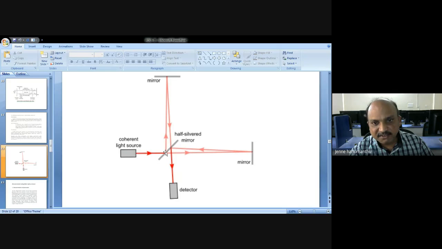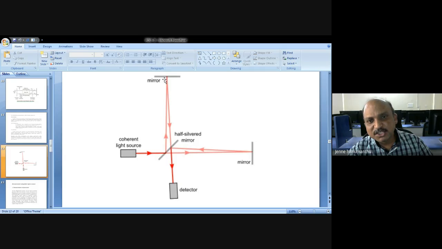The upper one is mirror 1, the side one is mirror 2.